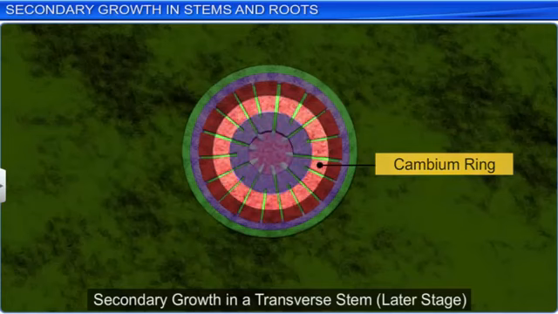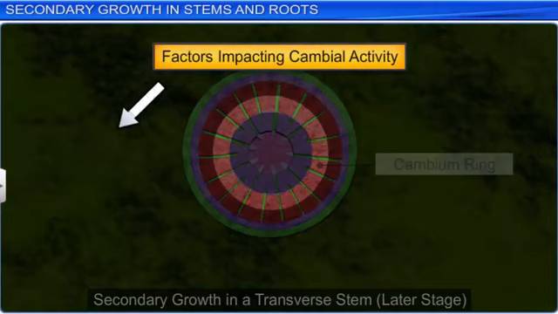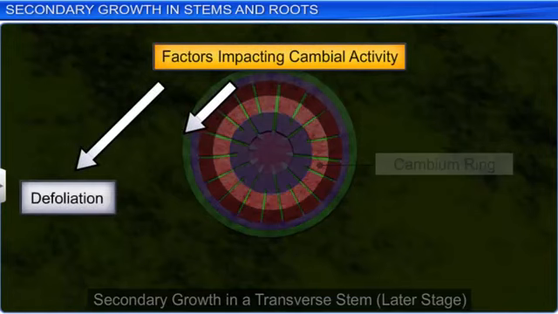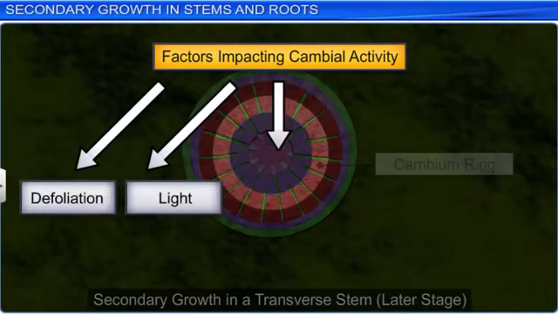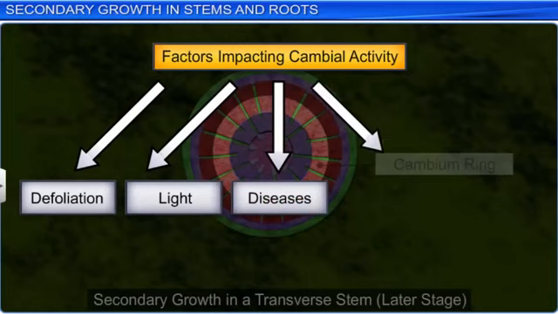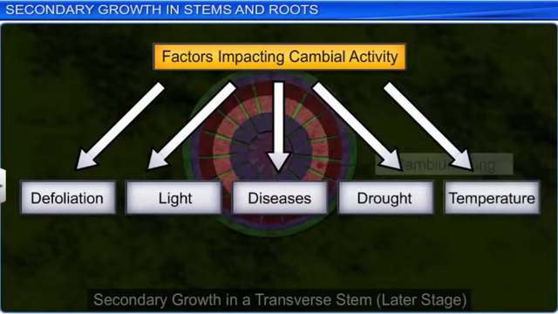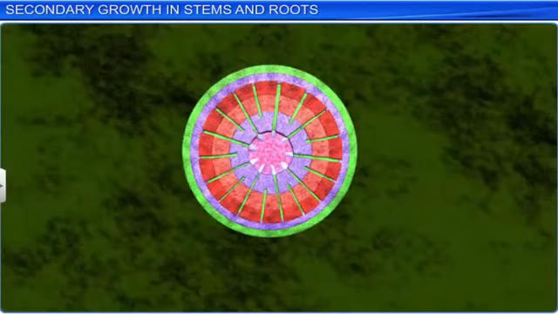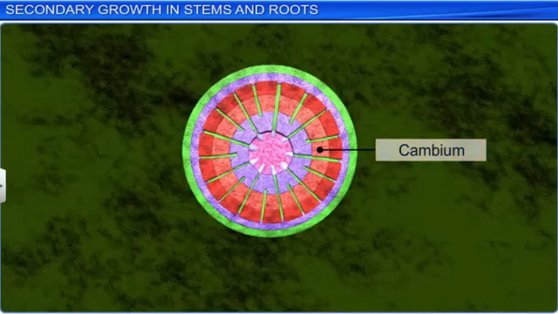This cambium activity is impacted by several physiological and environmental factors such as defoliation, light, diseases, drought, and temperature. During some seasons, the cambium divides actively, while during other seasons its activity slows down.